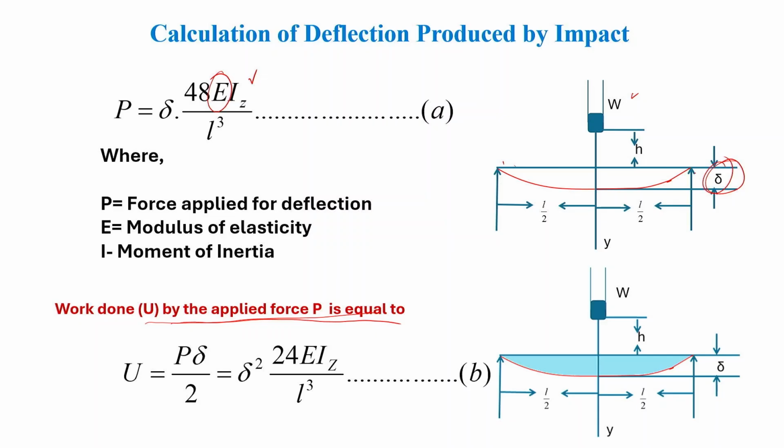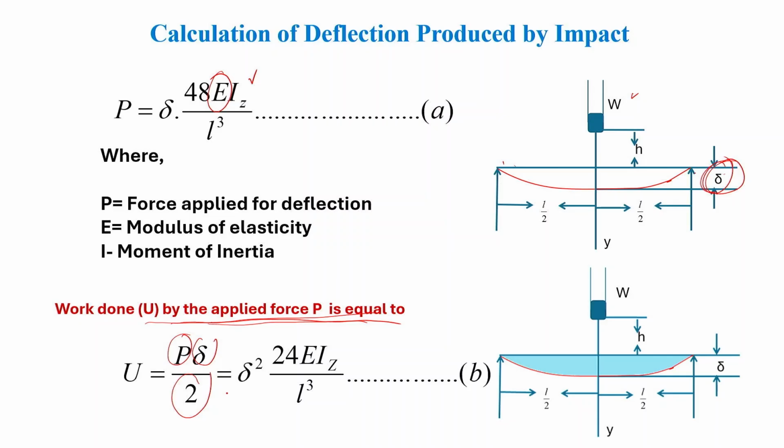The work done by the applied force is equal to P delta by 2, where P is the force and delta is the deflection. We use half of that because it is not totally deforming.